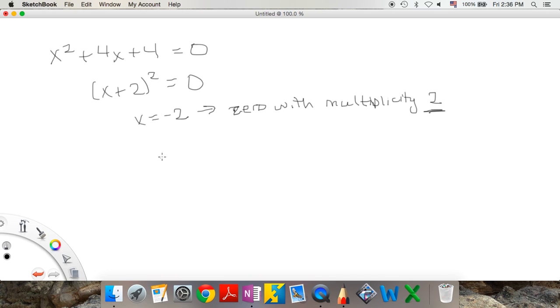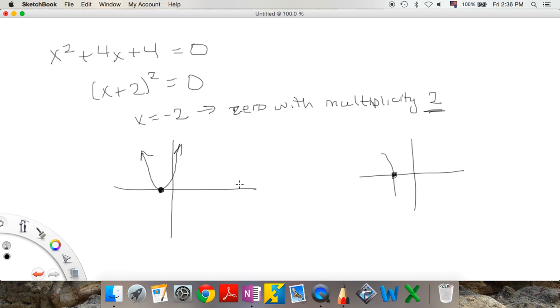Now what this means is, on the graph, at that point it bounces off. See, normal zeros, if they're real, they cross over, and it means that's a multiplicity of 1, or an odd multiplicity. But if it has an even multiplicity, it's going to bounce off. Okay, you'll see more about how those work as we work with these.